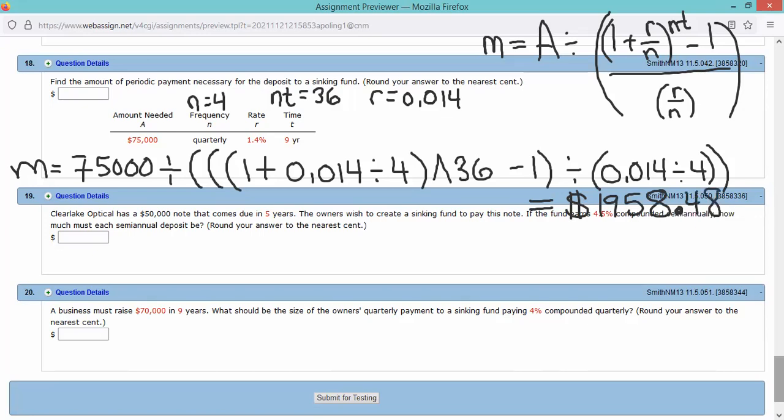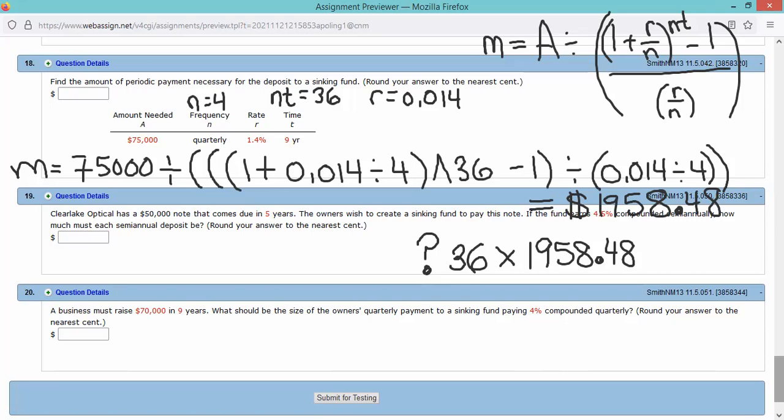So if we put in almost $2,000 4 times a year for 9 years, we'd be able to make $75,000 in this particular account. Is that a good deal? We're going to make 36 payments of $1,958 and 48 cents. So how much is that? Let's see.